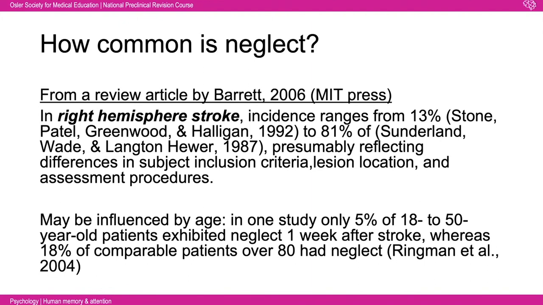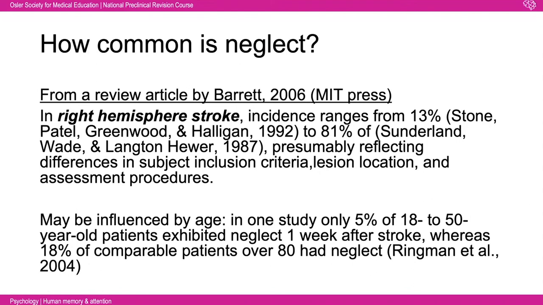Importantly, it really depends on the age at which someone has their stroke. For example, in people 18 to 50, only 5% had neglect versus 18% in the comparable patients over 80. Maybe a caveat to this is that people between 18 and 50 likely have quite different strokes to those over 80.